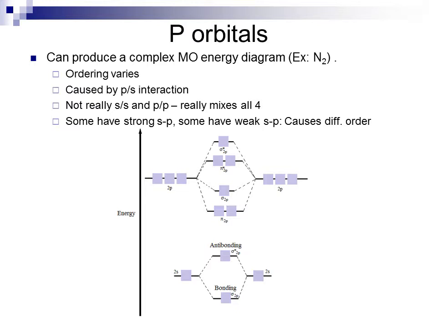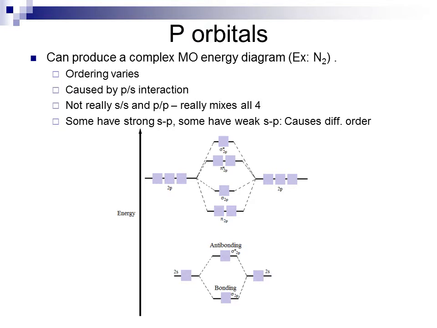So we can get from the 2 s orbitals a bonding sigma and an antibonding sigma. From the 2p orbitals, we can get a bonding pi, 2 different bonding pi orbitals. We get a bonding sigma 2p orbital. We get two antibonding pi star 2p orbitals, and we get an antibonding sigma star 2p orbital.